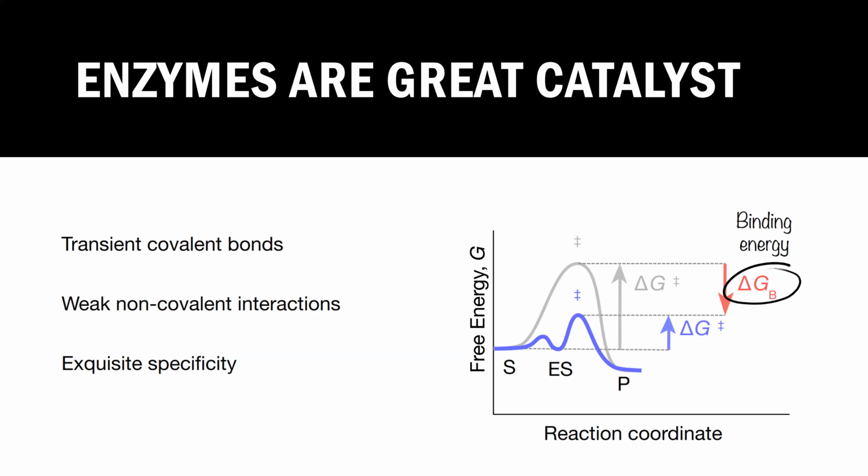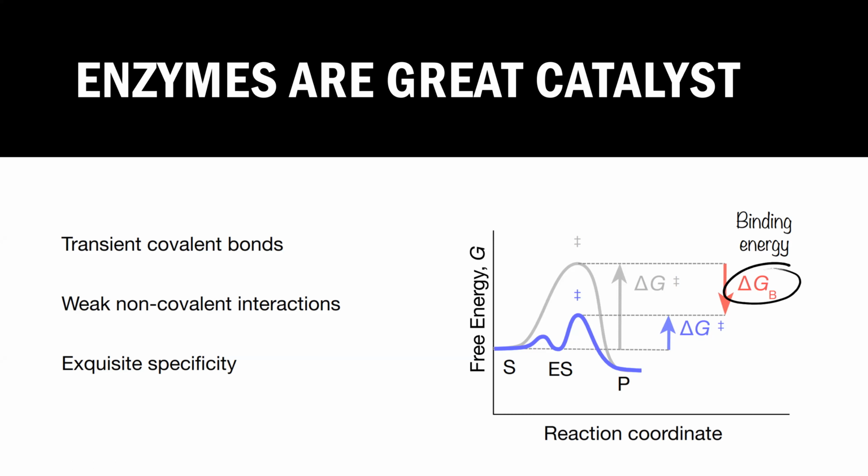Enzymes are great catalysts because of three main reasons. Whenever there is an enzyme-catalyzed reaction, there are three things which enable enzymes, three transient or temporary events and properties that make an enzyme a great catalyst.